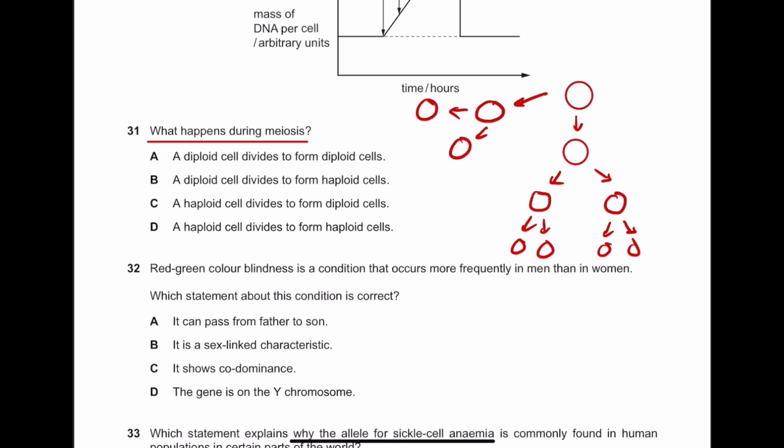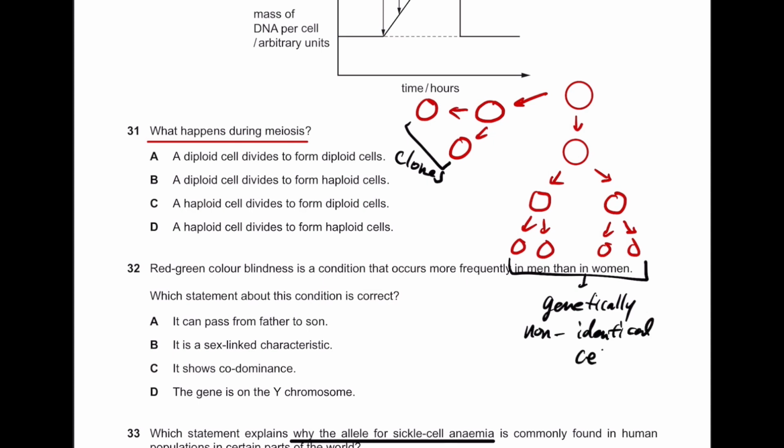And what's more important, mitosis creates clones, whereas meiosis creates genetically non-identical cells. So genetically, they're all different. As per mitosis, they create all clones.